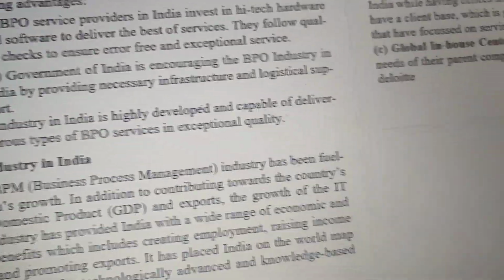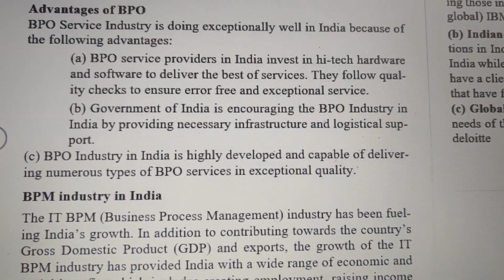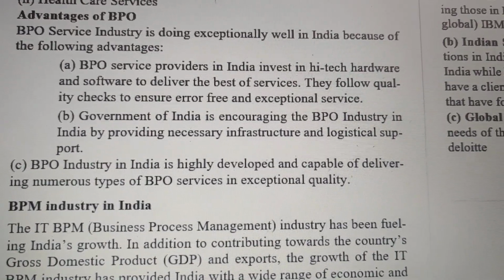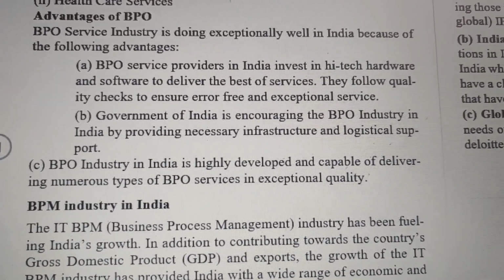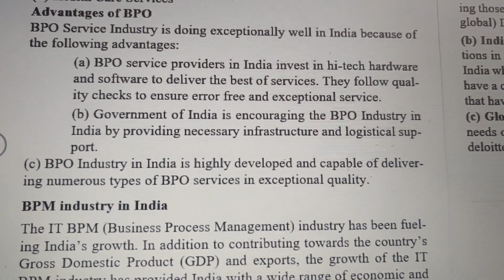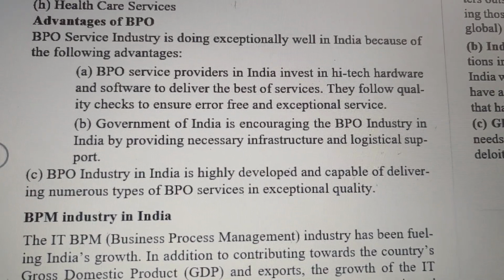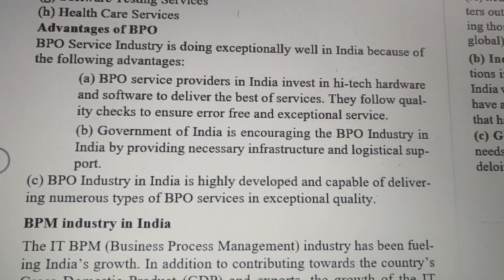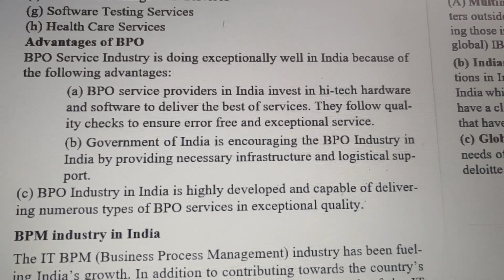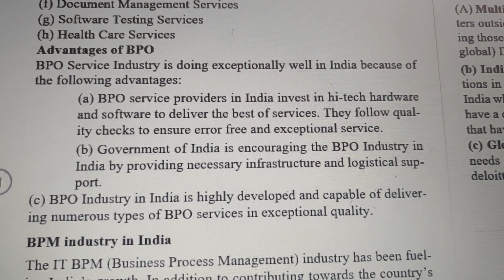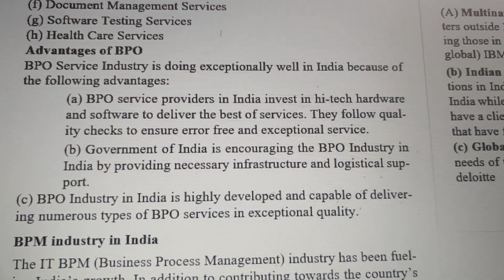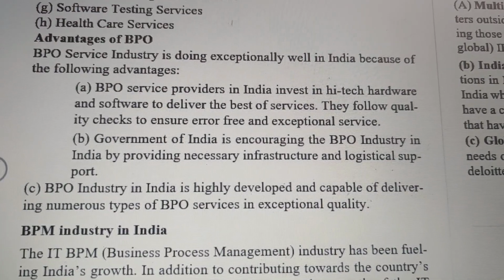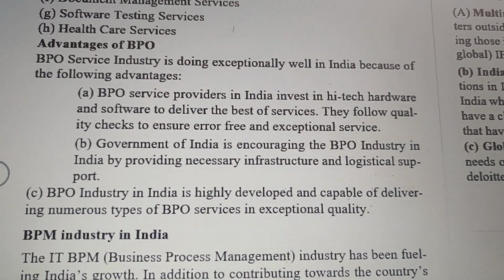So beta, in this particular point we say that BPO in India is highly developed. You all know BPO is playing a very important role. It gives many jobs to unemployed people, as they can apply and improve their knowledge with the help of BPO. So in India it's highly developed because of so many customers and so many employees.